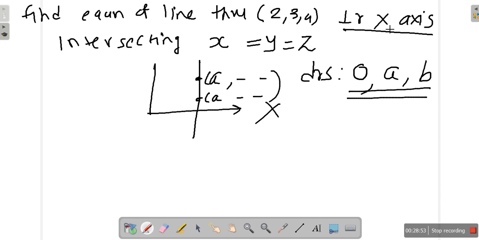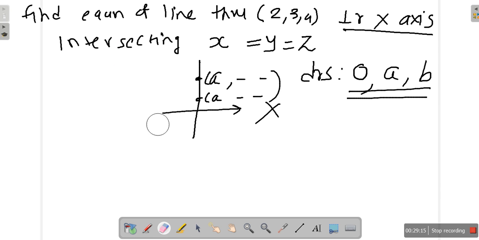Suppose it was perpendicular to y-axis, then the y coordinate would have been 0. If the line was perpendicular to z-axis, then this would have been 0. So direction ratios of a line which is perpendicular to x-axis are 0, a and b. Now it passes through (2, 3, 4). So what can be the equation of line? Let us see.